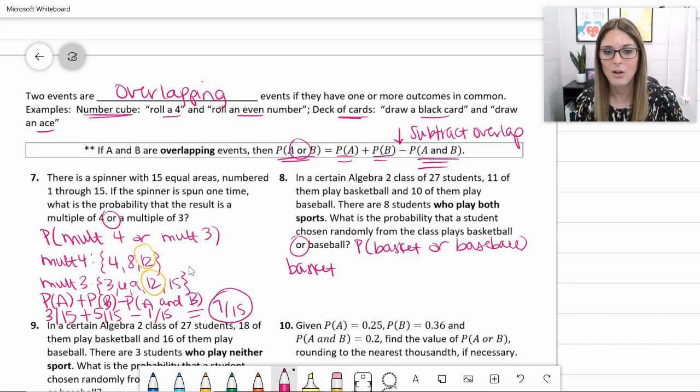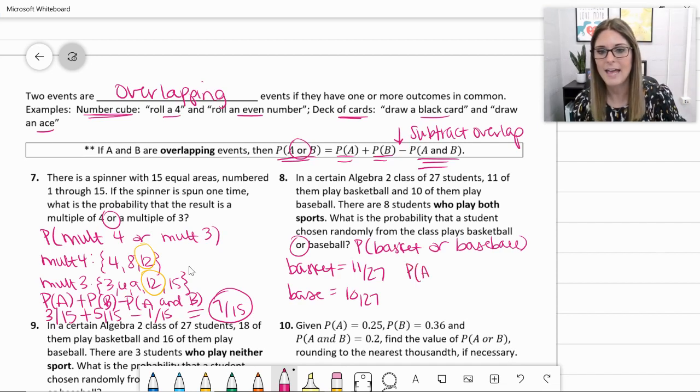We've got basketball. There were 11 out of 27 in the class that played basketball. Baseball, we had 10 out of 27 of the class. And then we had 8 students that played both. So we've got probability of A, basketball, plus probability of B, baseball.